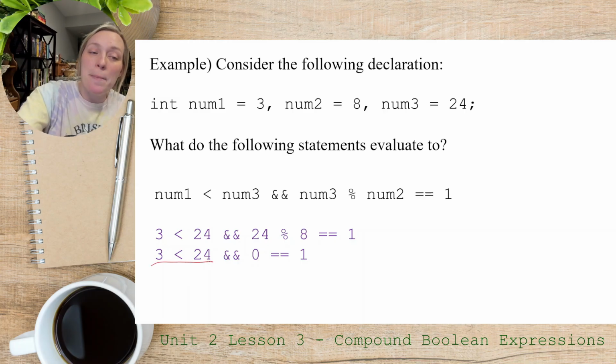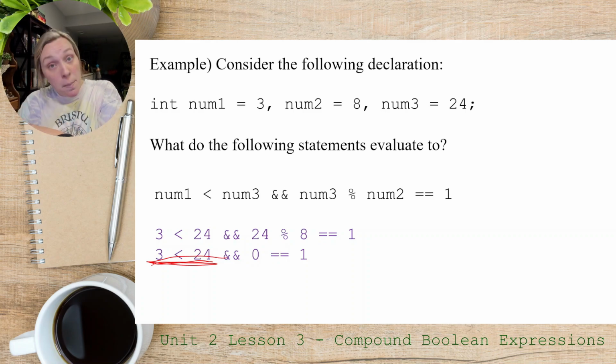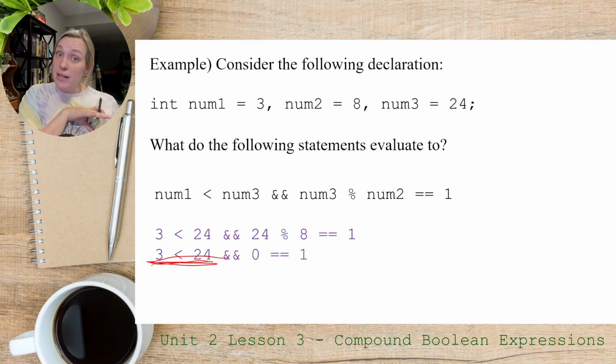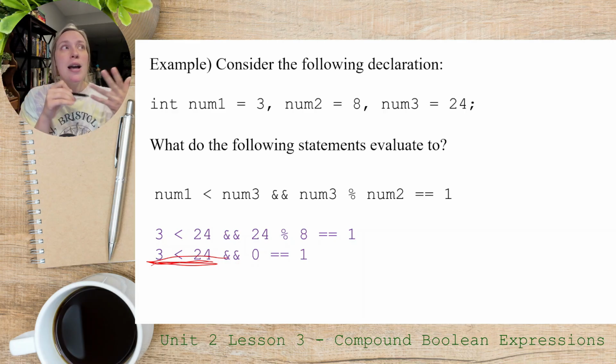But this is going to happen next. Okay, this gets evaluated. And remember, whereas operators evaluate to a number, comparisons and Booleans both evaluate to true or false. So 3 less than 24, I'm not solving that in any sort of numerical sense. I'm asking a question. Is 3 less than 24?